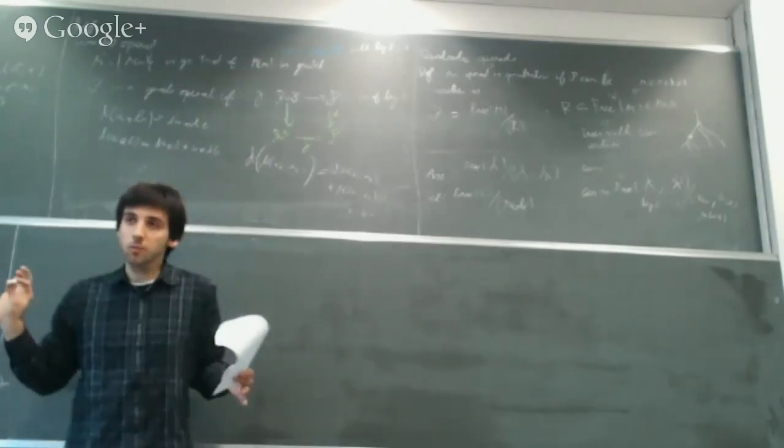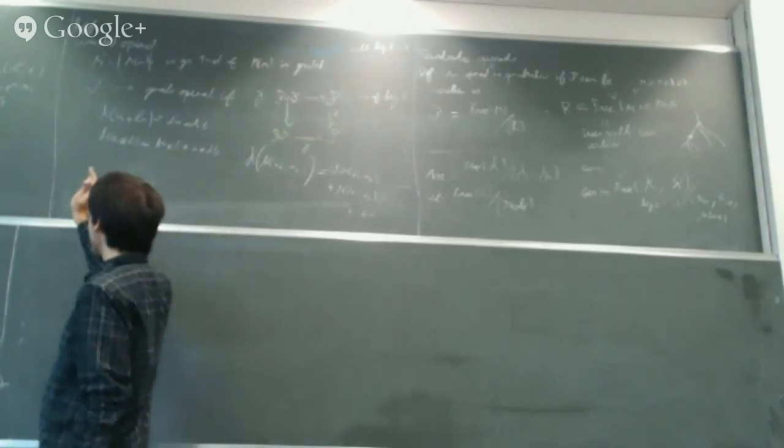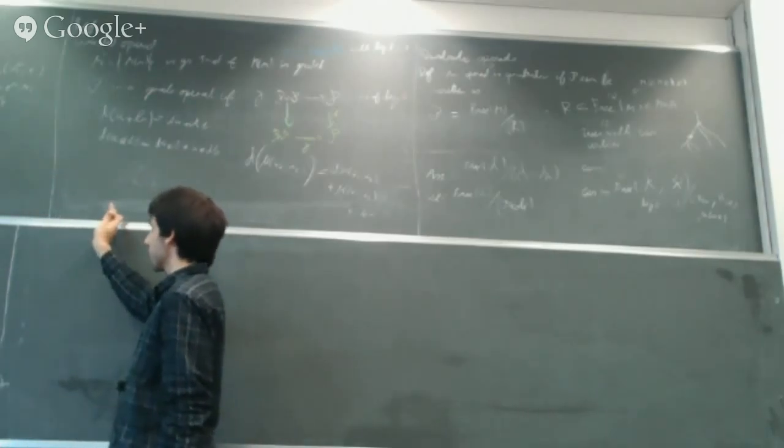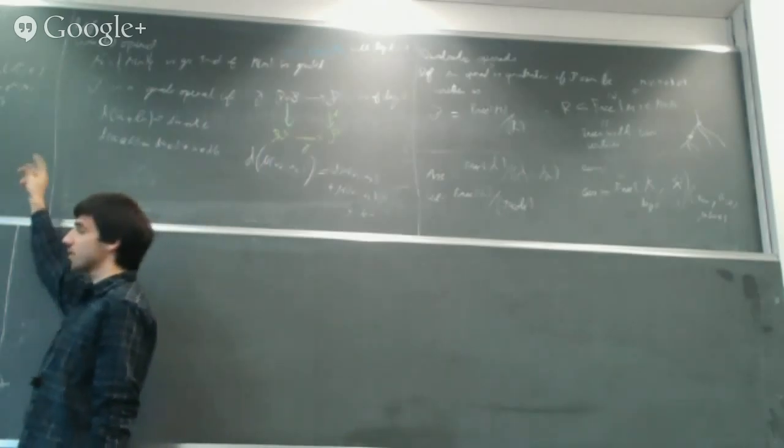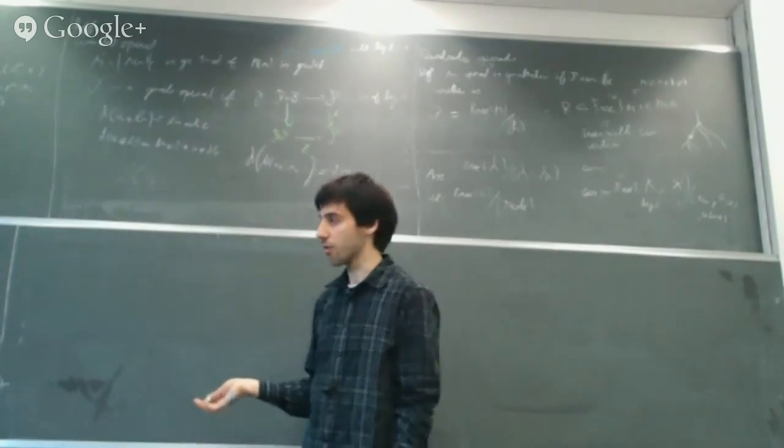So we want to put some structure on the Hochschild cocomplex of something, and that relates to the Gerstenhaber. And what I had told you the last time was that even though the complex doesn't admit a Gerstenhaber structure, its homology does admit a Gerstenhaber structure.